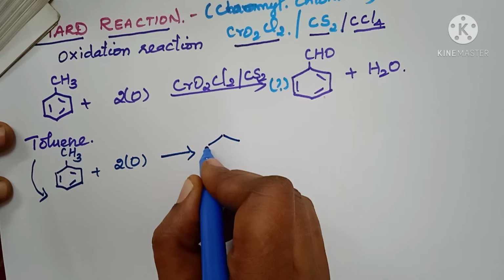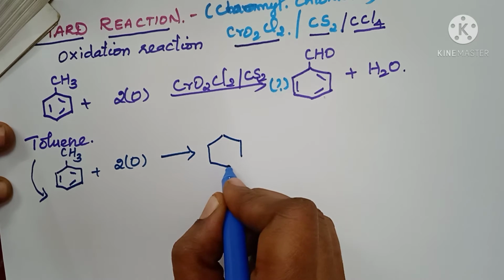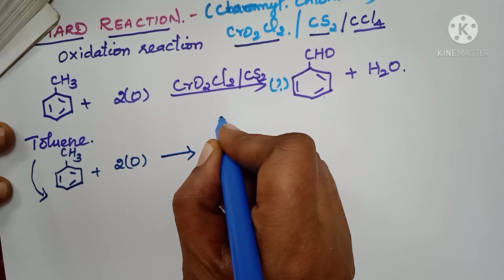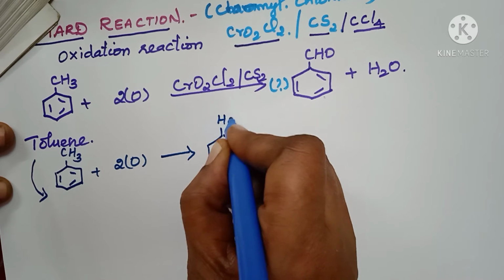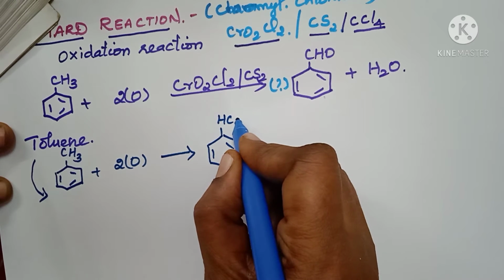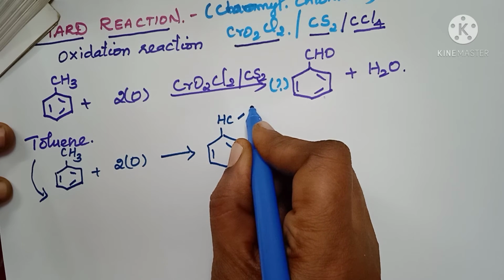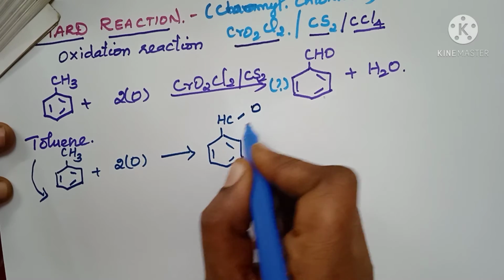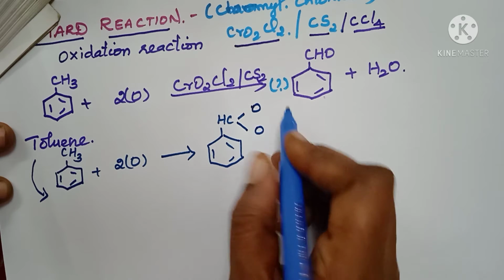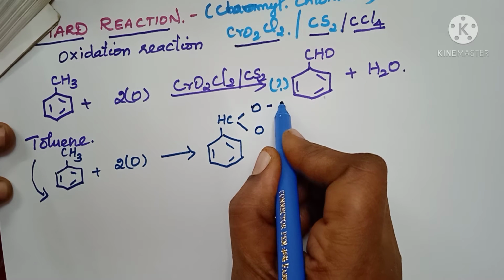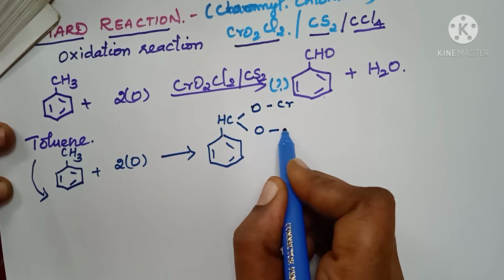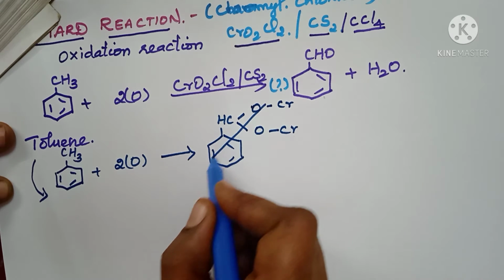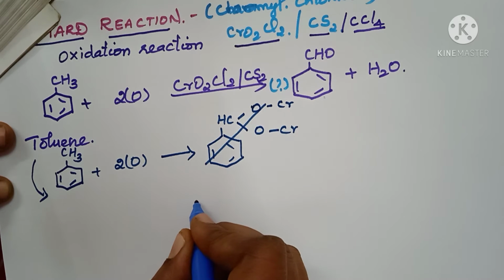Just write the benzene, and in that, CH. In this chromyl chloride, CrO2Cl2: here O, here Cr, here also Cr. Here actually there is no space, so I will write it here.